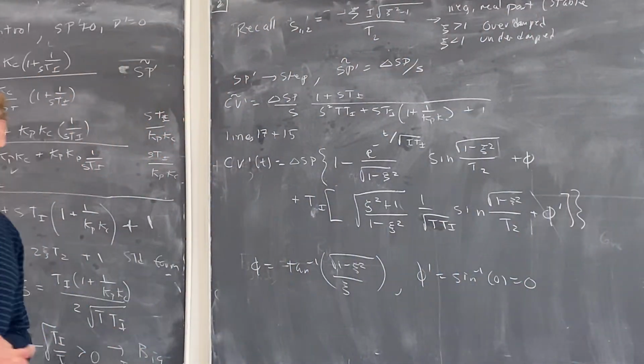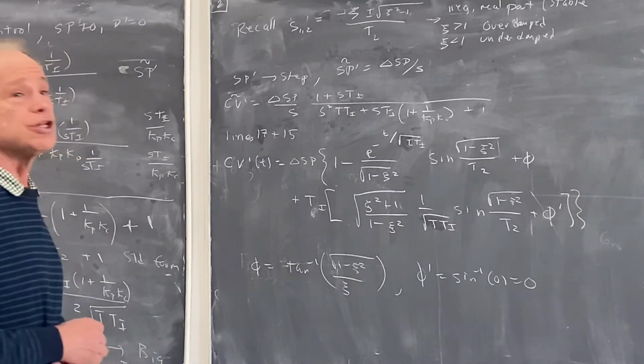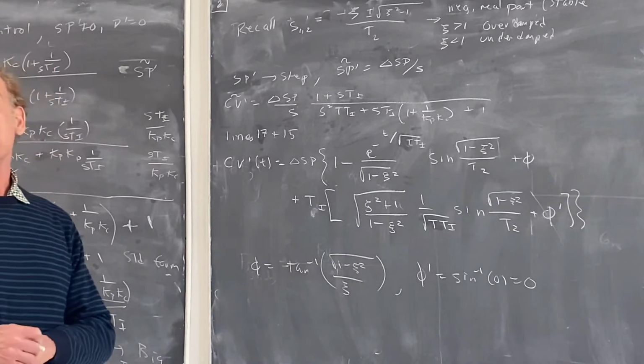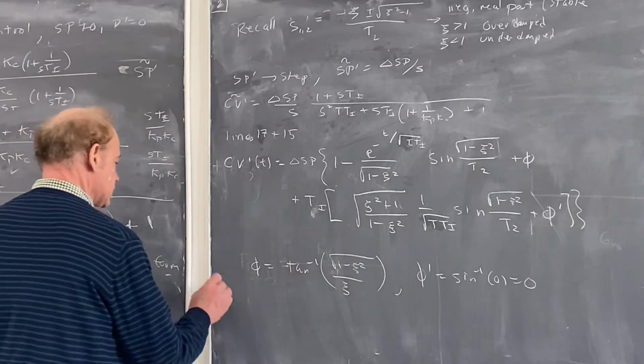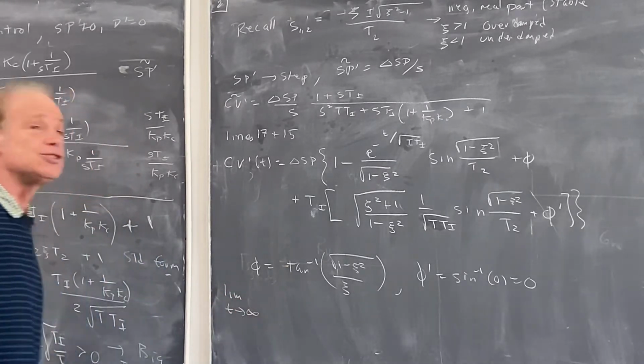And that's sort of a miracle. That's because this is a simple example, we can do the inverse. So let's look at what happens as t goes to infinity, for proportional integral control. We can do this two different ways.